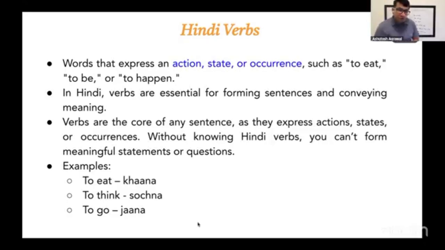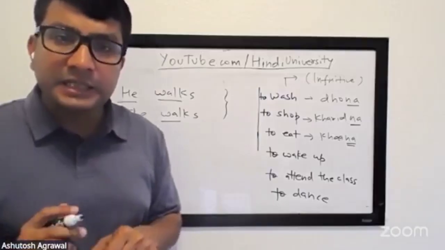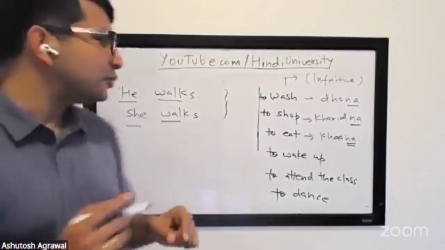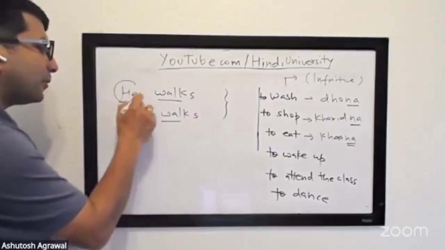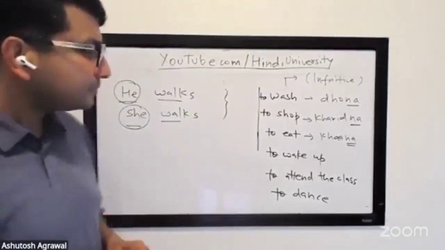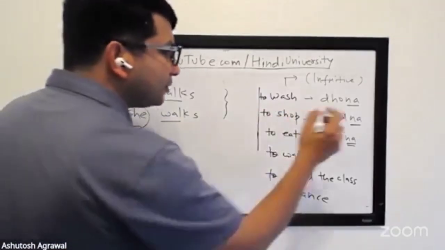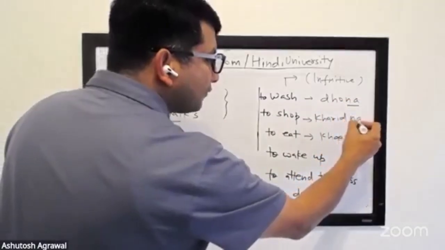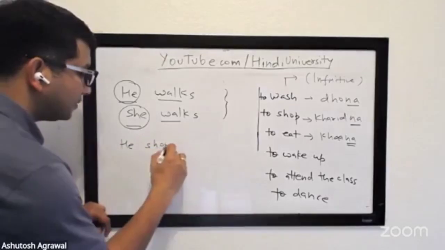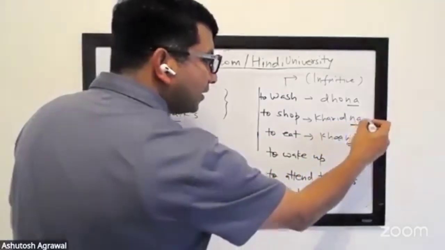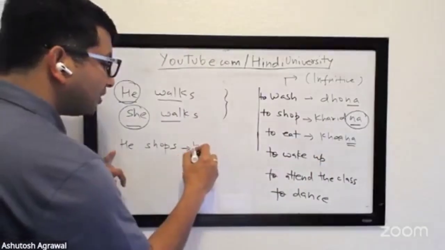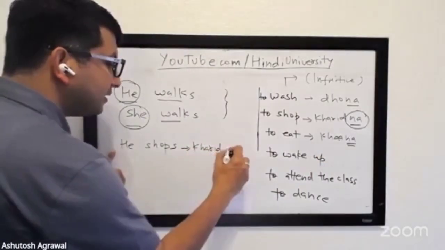What is the composition of Hindi verbs? In Hindi, it changes based on gender agreement. So the verb conjugation changes based on whether you're talking about he or she. In the present indefinite tense, which we'll be learning about, if you're saying he shops, you take kharidna, you remove the na, and for a male, you'll say kharidta.